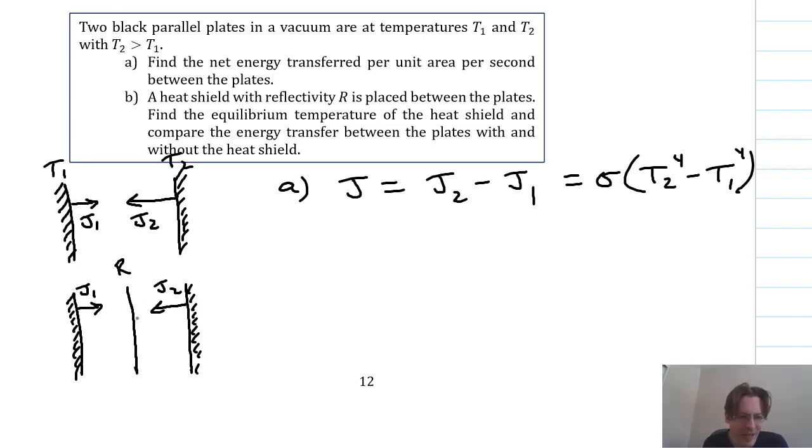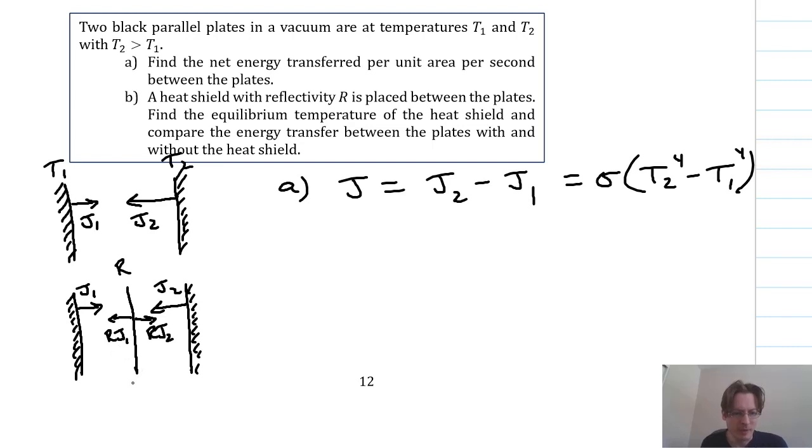That means it reflects that fraction of J1 back, RJ1. And it reflects that fraction of J2, RJ2. It does absorb some of it. And remember that the amount that it emits is equal to the amount that it absorbs.